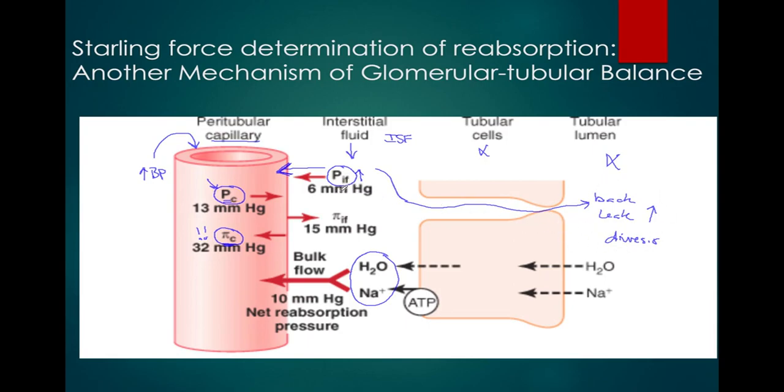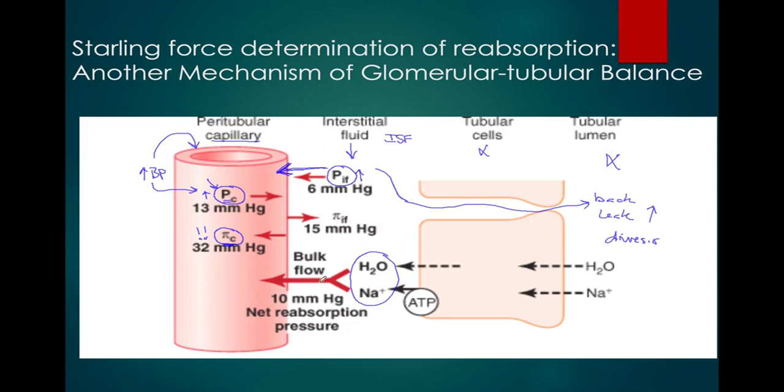You avoid it because this pushes both ways. It's not directional. So this helps oppose that rise in PC that occurred. The increase in blood pressure increases this, so now it's helping to reabsorb again too. It's a little complicated, but it's interesting to follow through on this.